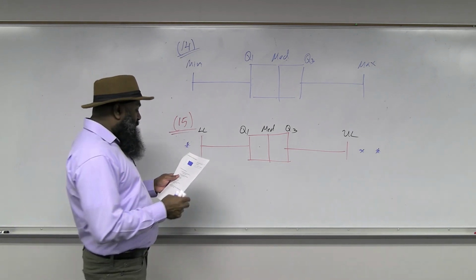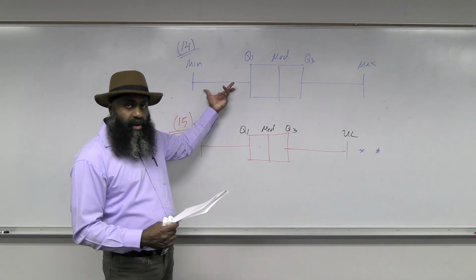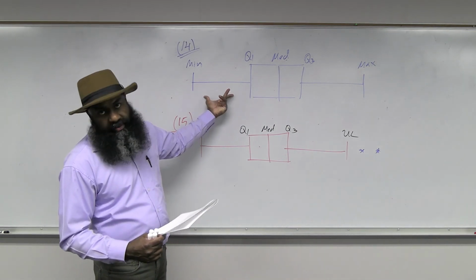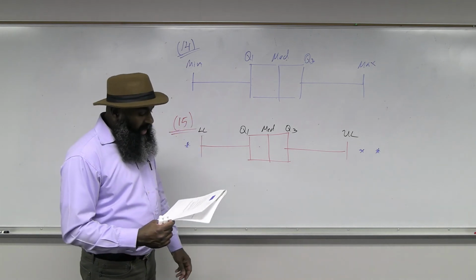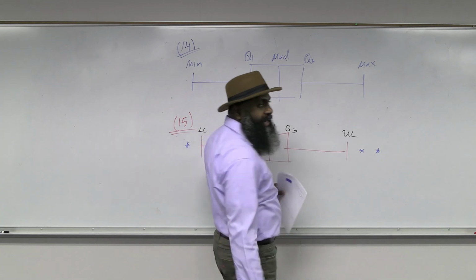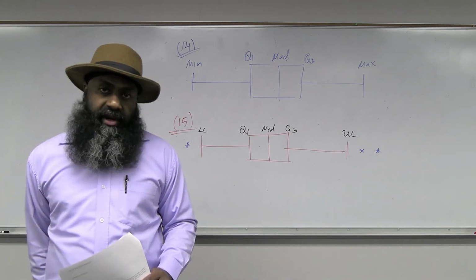And if you have a longer lower whisker, then we say that the distribution is skewed to the left. And if the box whisker plot is approximately symmetric, then we say that the distribution is also symmetric.